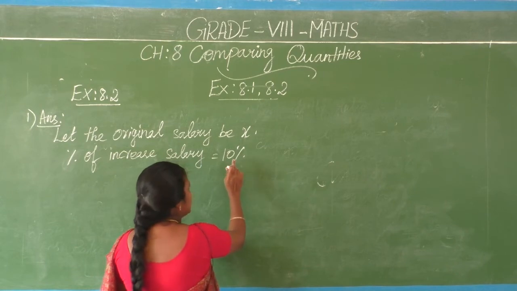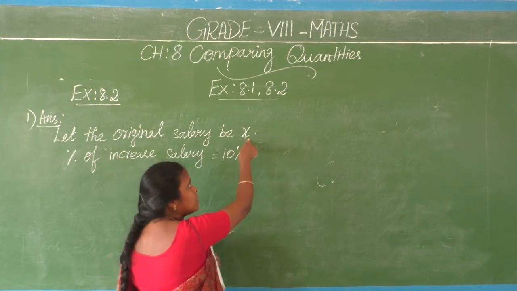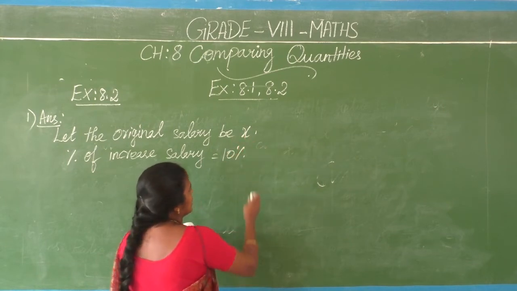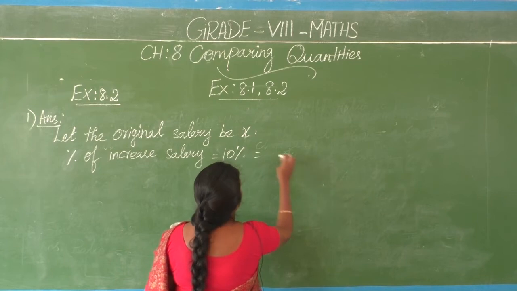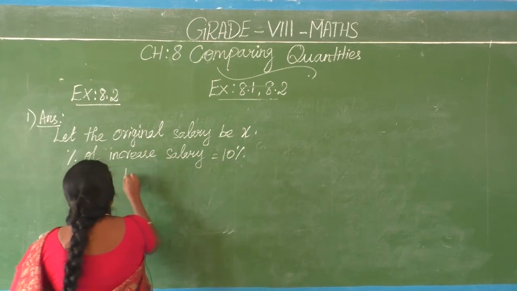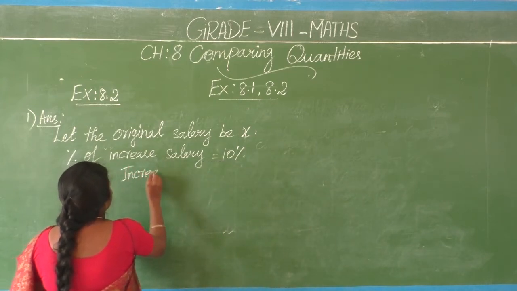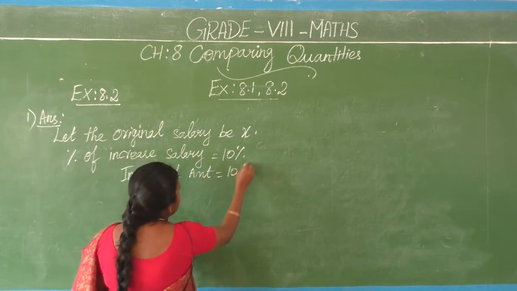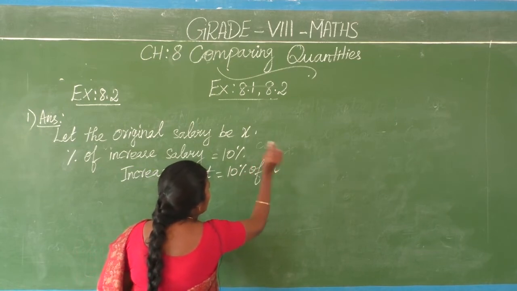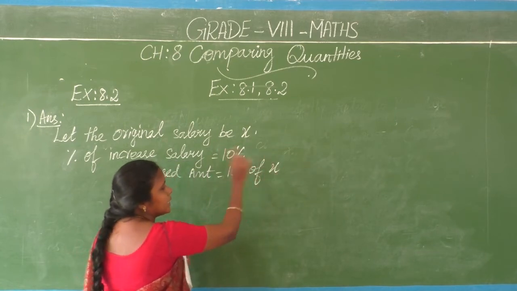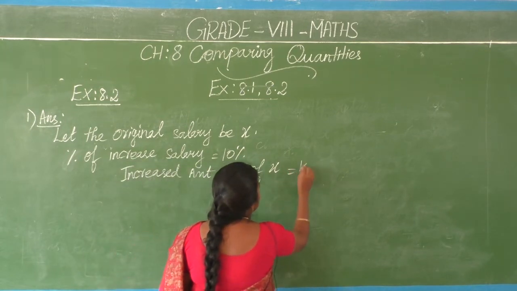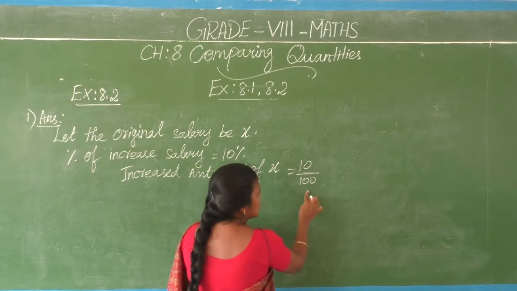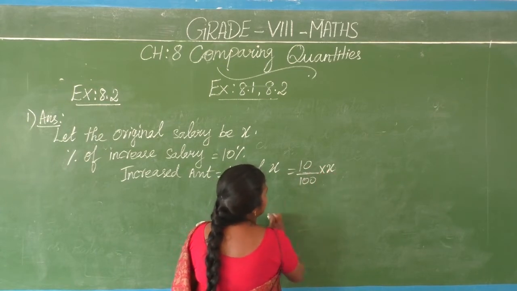This 10% is considered on the original salary, so the increased amount is 10% of the original salary, that is 10% of X. 10 by 100 into X is 10x by 100.